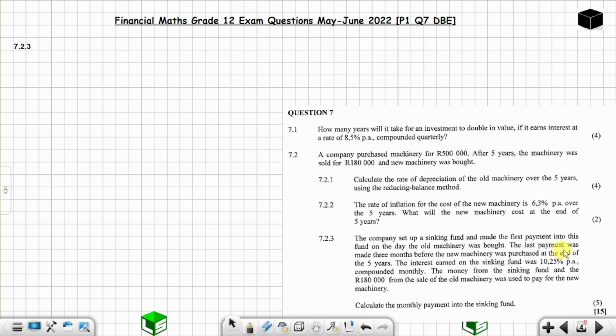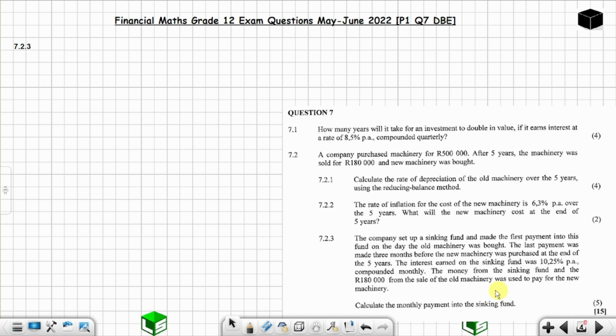The last payment was made 3 months before the new machinery was purchased at the end of the 5 years. The interest earned on the sinking fund was 10.25% per annum compounded monthly. The money from the sinking fund and the 180,000 rand from the sale of the old machinery was used to pay for the new machinery. Calculate the monthly payment into the sinking fund. 5 marks.